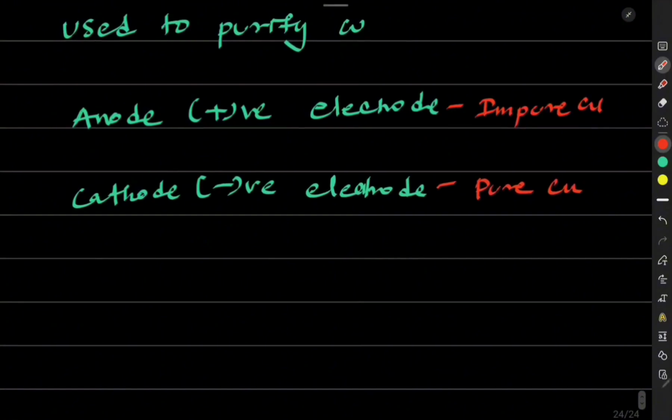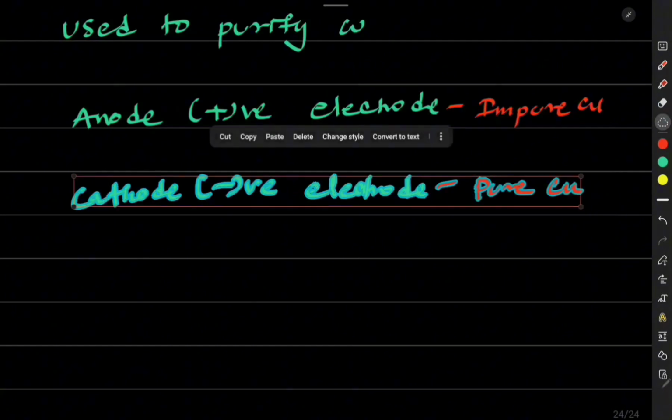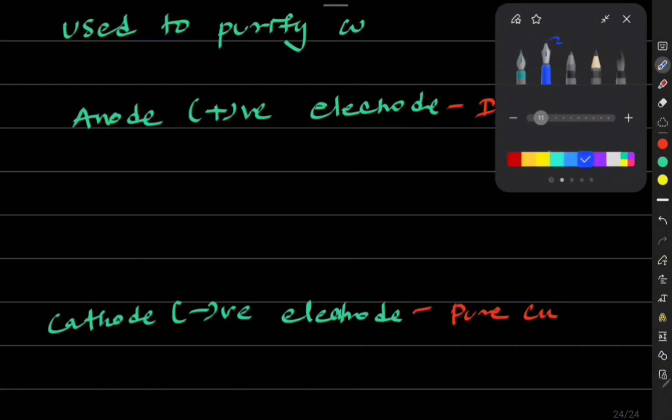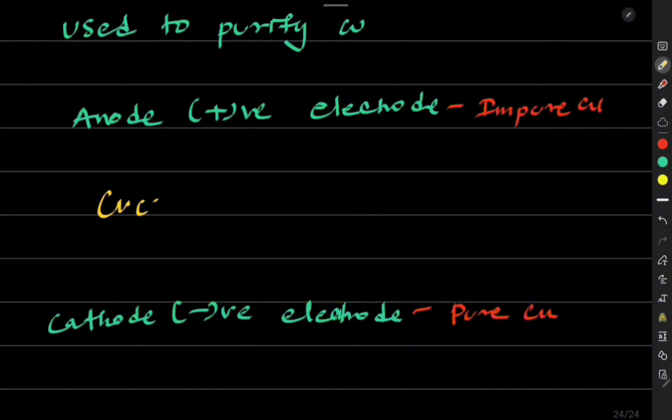In the anode reaction, copper solid will form Cu2+ aqueous plus 2 electrons.